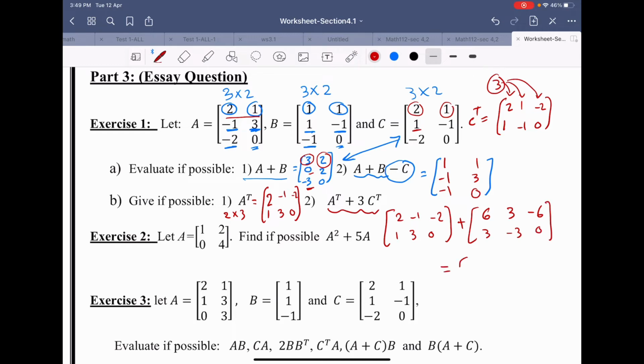Now I will add them together. So the answer would be 2 plus 6, which is 8, negative 1 plus 3, which is 2, negative 2 minus 6 is negative 8. 1 plus 3 is 4, 3 minus 3, 0, and 0 plus 0 equals 0.